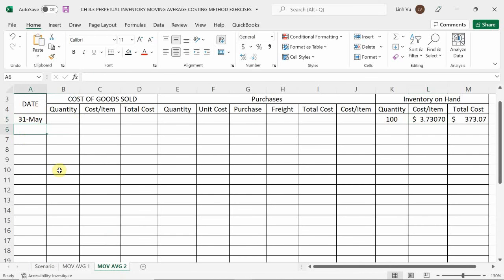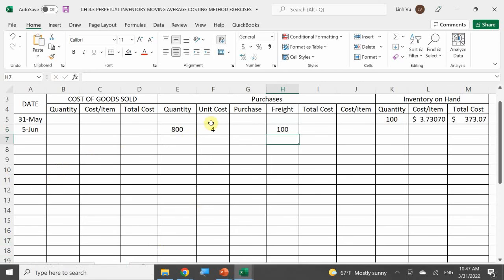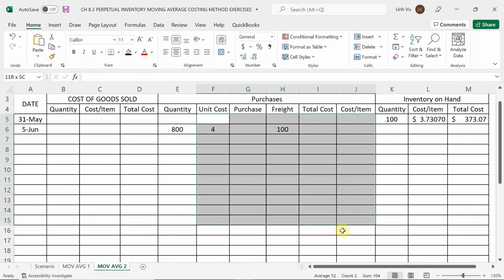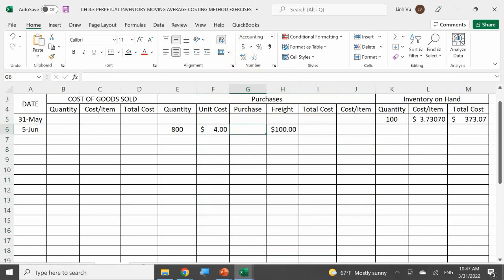We skipped over the cost of goods sold because we purchased 800 units. So in this case, what's my purchase price here? The purchase price is $3,200 and the total cost is $3,300.